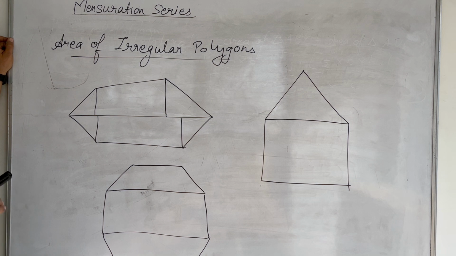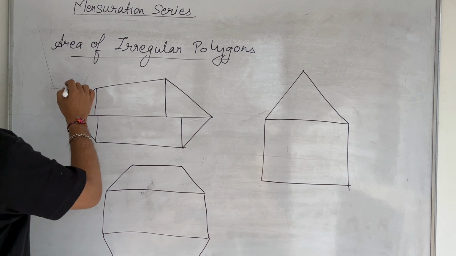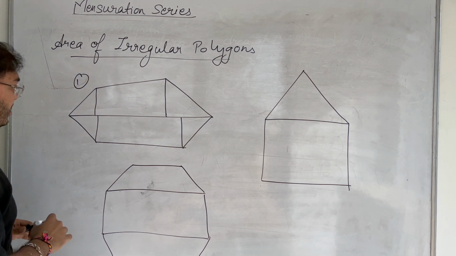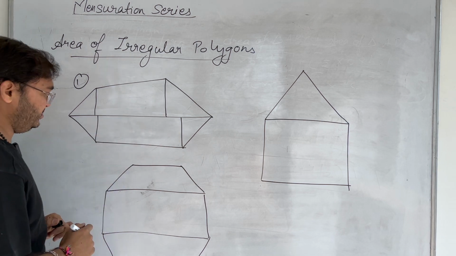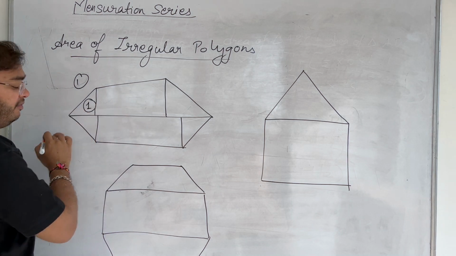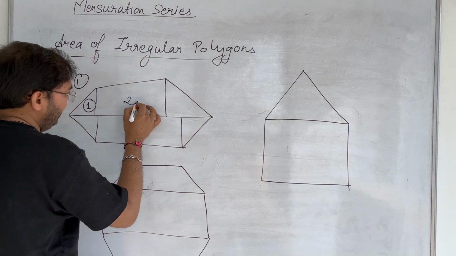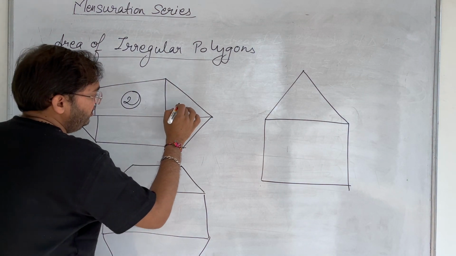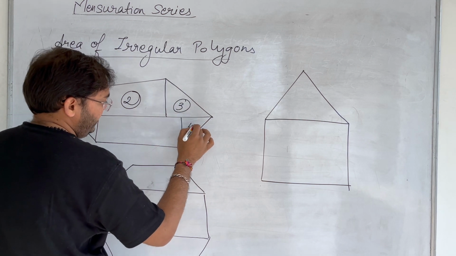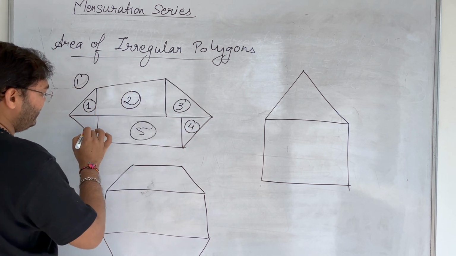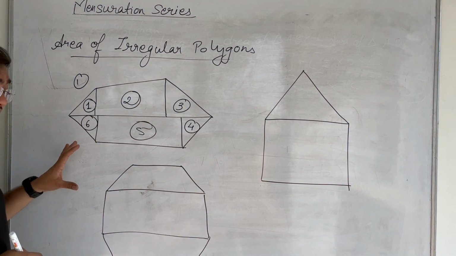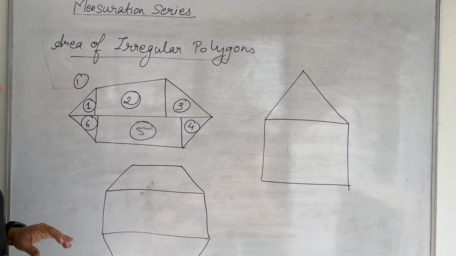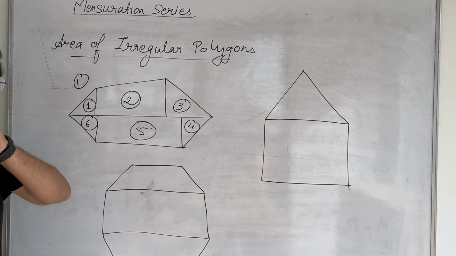Now, the area of an irregular polygon depends upon the shape. If I talk about this first shape, it has been constructed with many small shapes. The first is made up of a triangle, the second of a trapezium, the third again a triangle, the fourth a triangle, the fifth a rectangle and the sixth a triangle. So this single polygon is made with 6 shapes: 4 triangles, 1 rectangle and 1 trapezium.